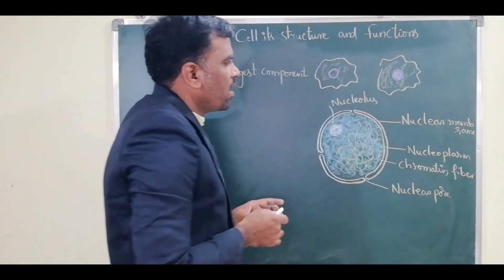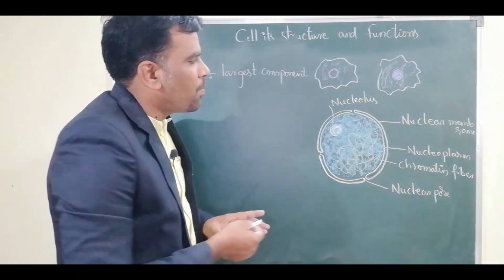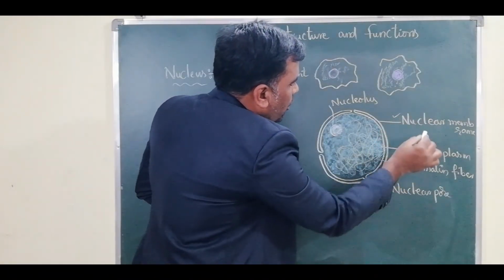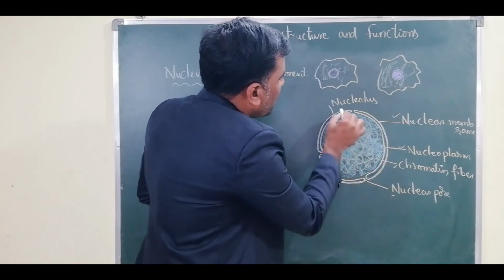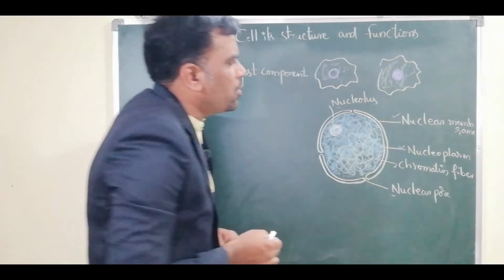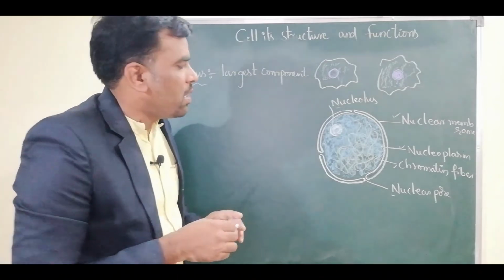In an animal cell the nucleus is in the center. If you observe the nucleus clearly, it has some parts: the nuclear membrane, nucleoplasm, chromatin fibers, nuclear pore and nucleolus. First, the nuclear membrane. The nucleus is made up of two membranes.